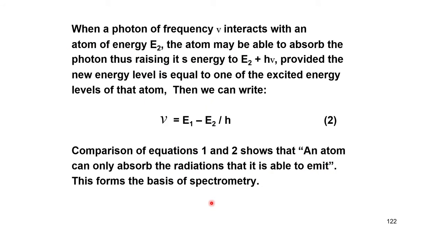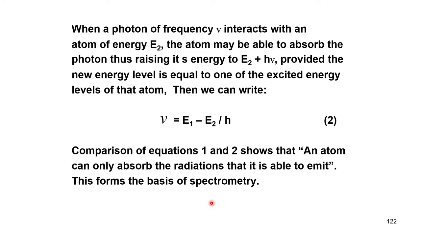So, what does it mean? An absorption can also happen, an emission can also happen with the same amount of energy, depending upon where the atom is. If the atom is at a higher state, it has to emit to come down to the lower energy level.